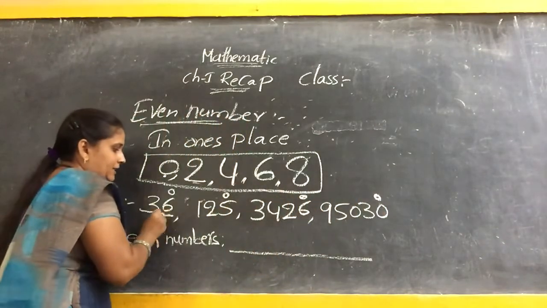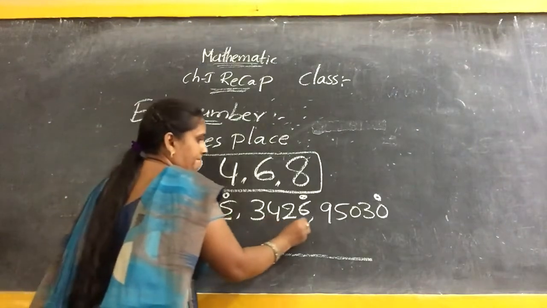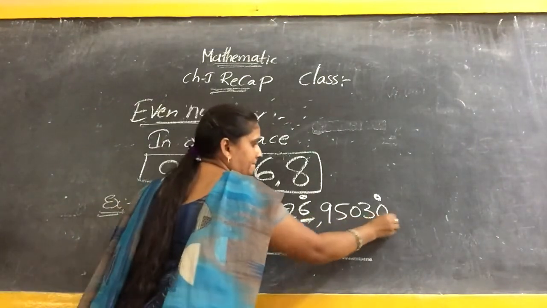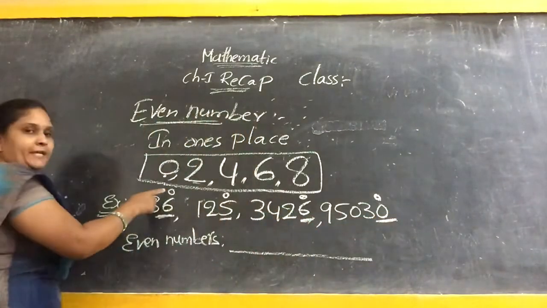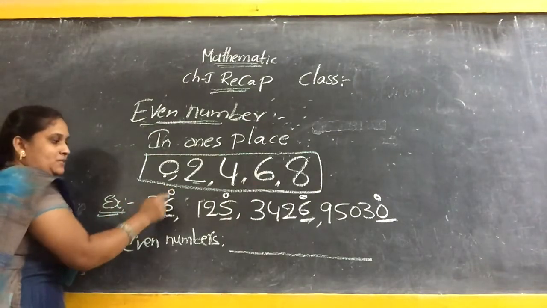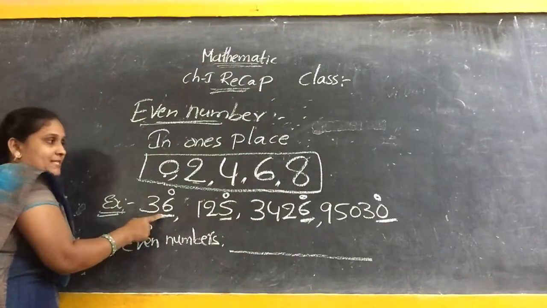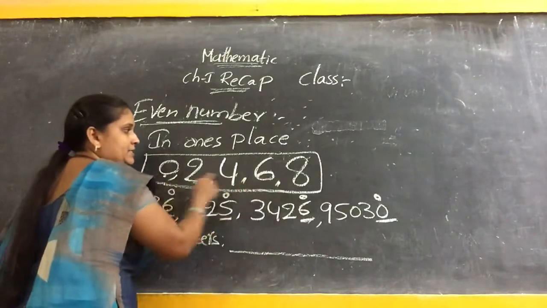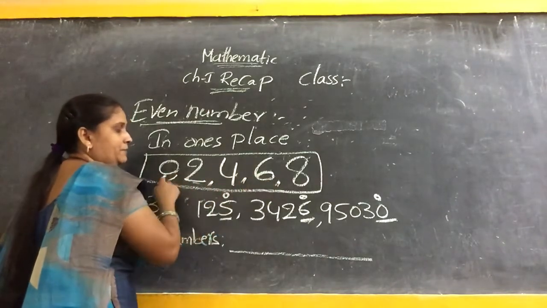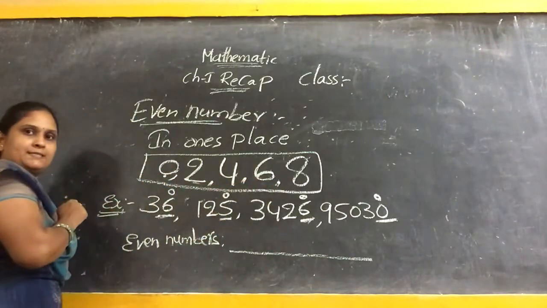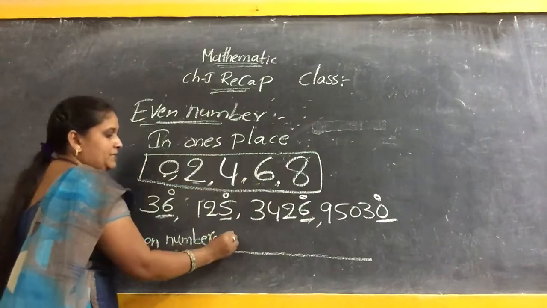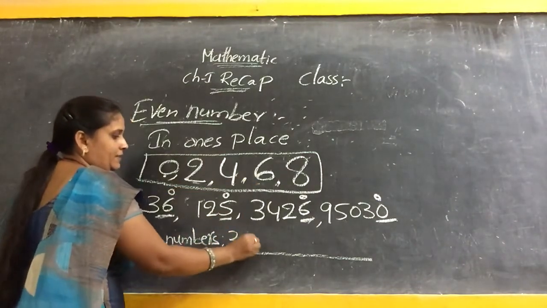Now underline those digits and check in ones place. What number is there? 6. Is there a 6 in this even list? Yes, there is a 6. So it means 36 is an even number.